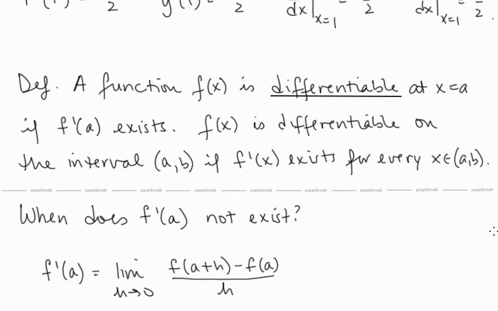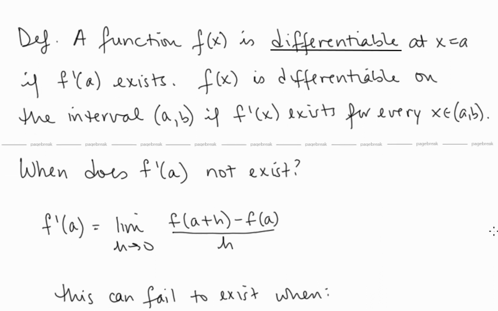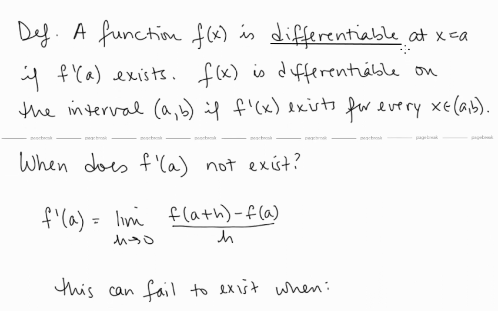Let's talk about a function f being differentiable. A function f is differentiable at x equals a if f prime of a exists. And f of x is differentiable on the interval (a, b) if f prime exists for every x value in the interval (a, b). So let's talk about this idea of f prime of a existing. What does it mean for f prime of a to exist or for it not to exist?